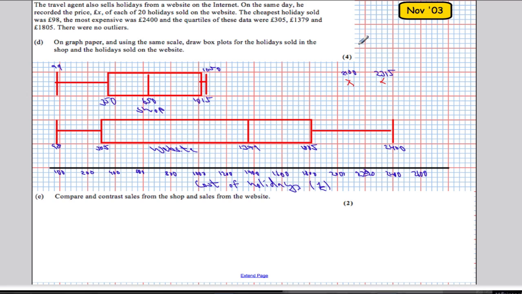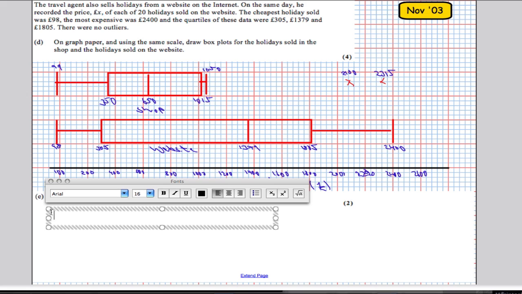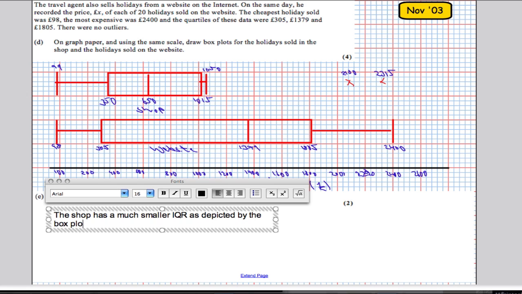Right, okay, compare and contrast the sales from the shop and the sales of the website. So I'll just type this in, it'll be a little bit quicker. The shop has a much smaller IQR as depicted by the box plots, which means their sales are less varied.